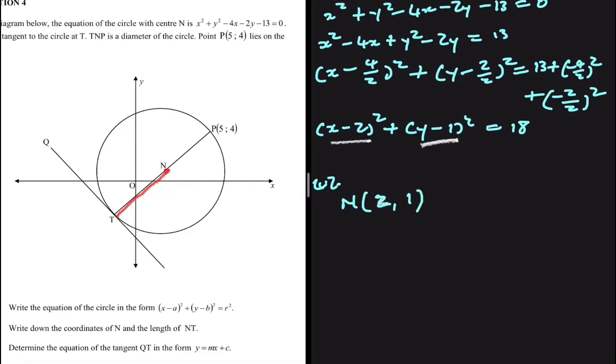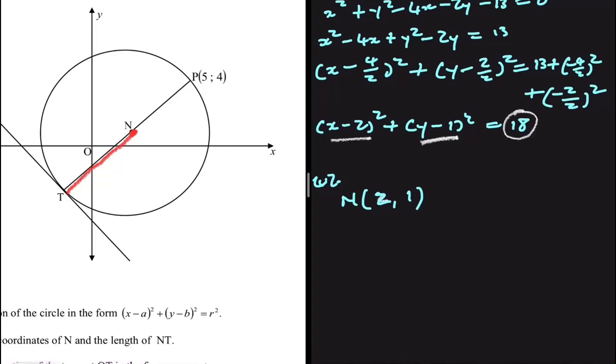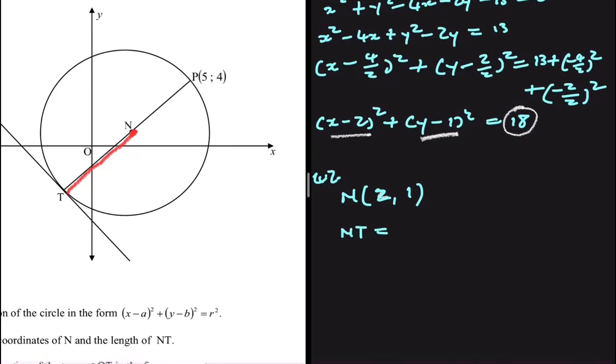And then how can we find the length of NT? Like we've already deduced, NT is the radius, and in our equation we have radius squared. So NT is equal to the square root of 18, because 18 is radius squared and NT is our radius. Let's move to 4.3.